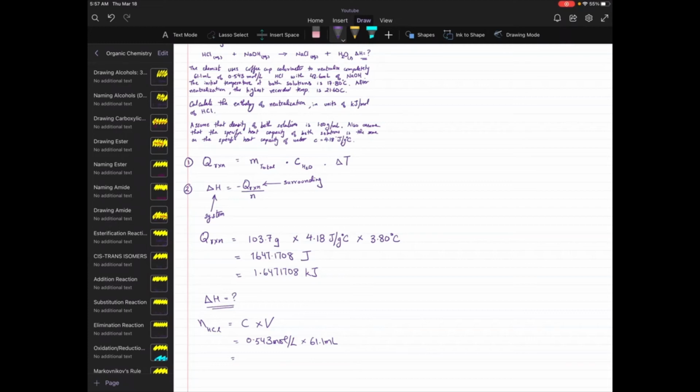So 0.543 times, before we multiply, if you see the volume is in milliliters, we need to convert that into liters, which is 0.543 moles per liter times 0.0611 liters. Because if you see the units for the concentration, they are in moles per liter.